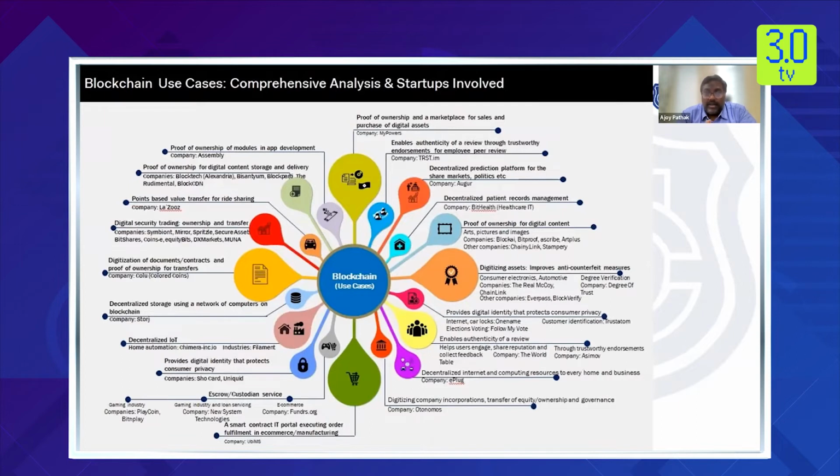Again, among other things, this is how we are seeing the technology transform our lives. First comes proof of ownership. Second, authenticity of any particular thing is increasing much more. This also enables authenticity of a review through trustworthy endorsements for an employee or peer review or something like that.